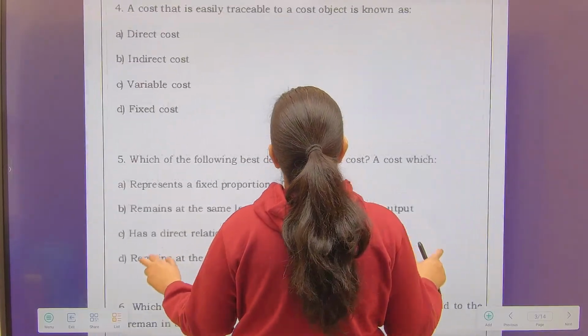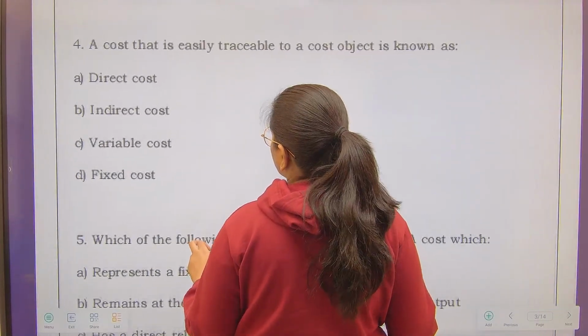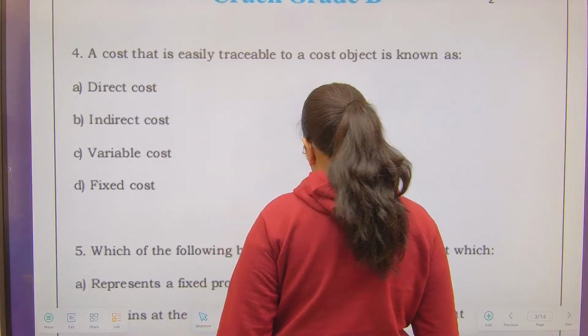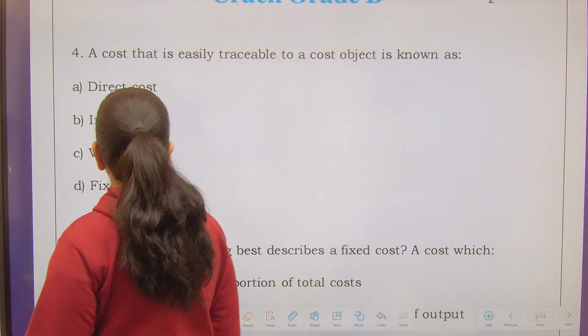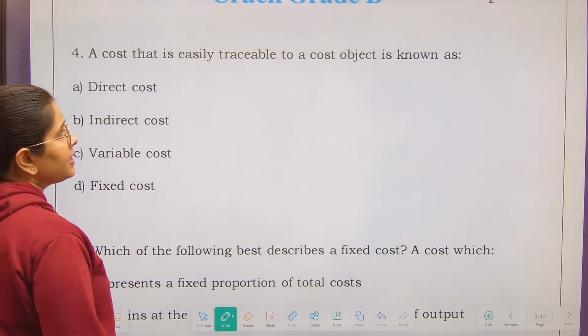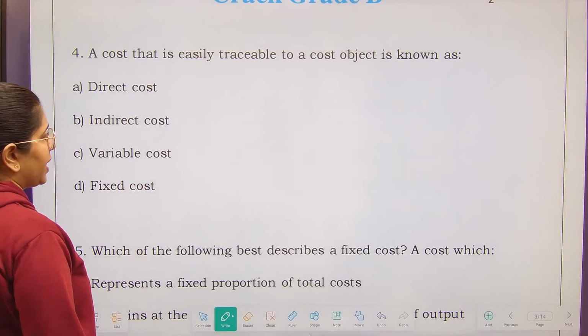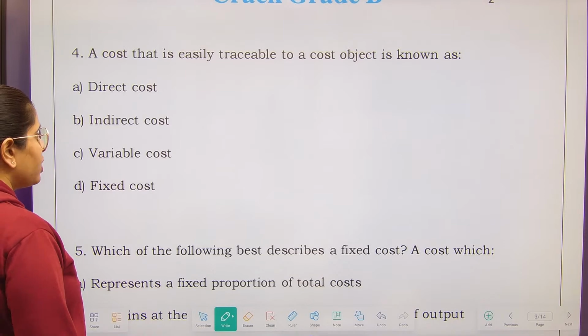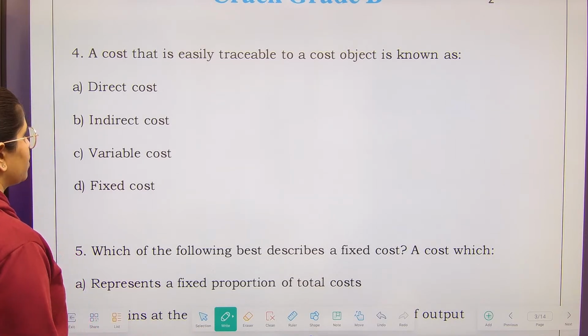Next, a cost that is easily traceable to a cost object is known as direct cost, indirect cost, variable cost, fixed cost.